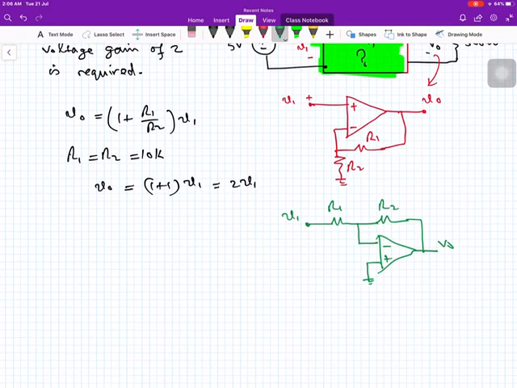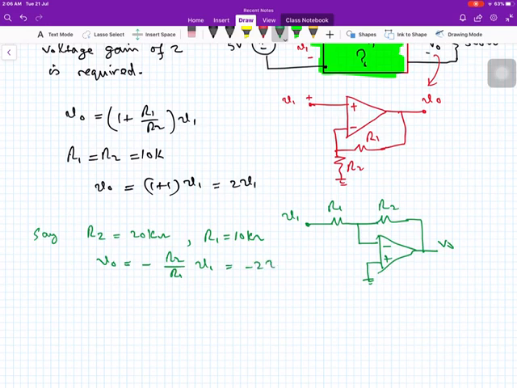Now as we need a voltage gain of 2, say R2 is 20 kilo ohm, therefore R1 should be equal to 10 kilo ohm, because VO is equal to minus R2 over R1 times V1, so this is minus 2 V1.